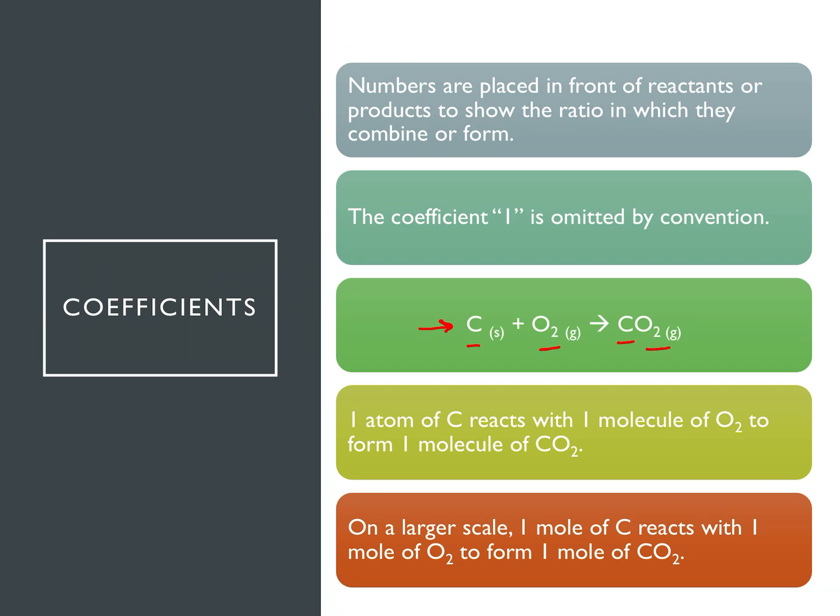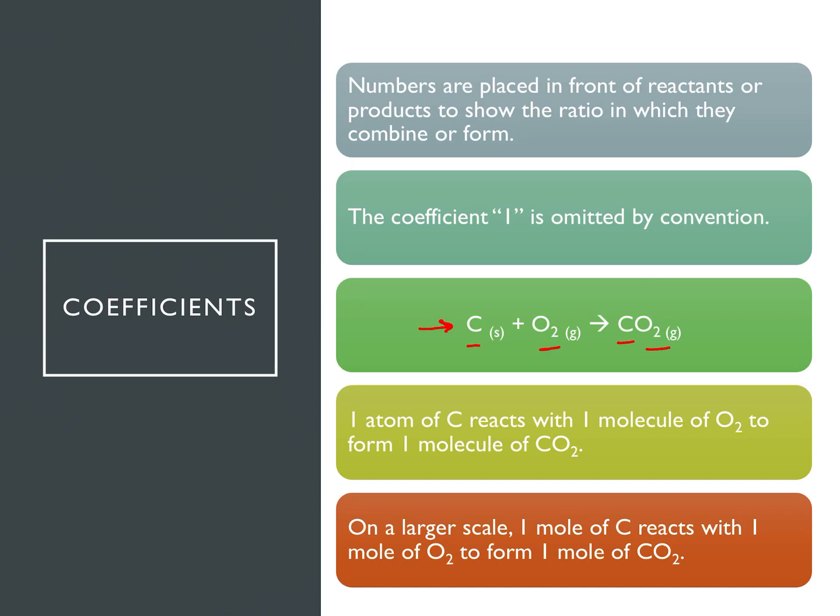That means this is balanced because we have the same number of carbons and the same number of oxygens on each side. But if they were different, we would need to put coefficients, numbers in the front, to balance this chemical reaction so that we obey the law of conservation of matter and we're not causing matter to be created or destroyed during our reaction.